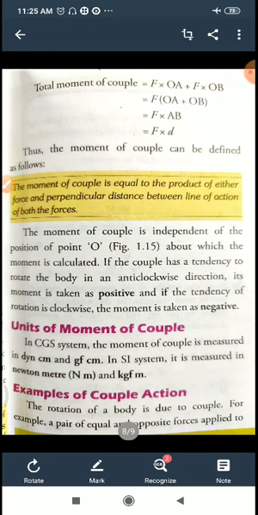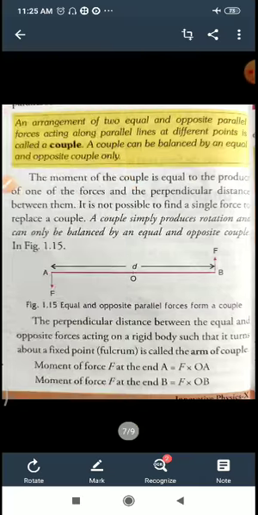The moment of a couple is equal to the product of either force and the perpendicular distance between the lines of action of both the forces. The moment of the couple is independent of the position of point O. It does not depend upon the position of O. A may be shifted to the right-hand side, B may be shifted to the left-hand side, anywhere it can be applied.